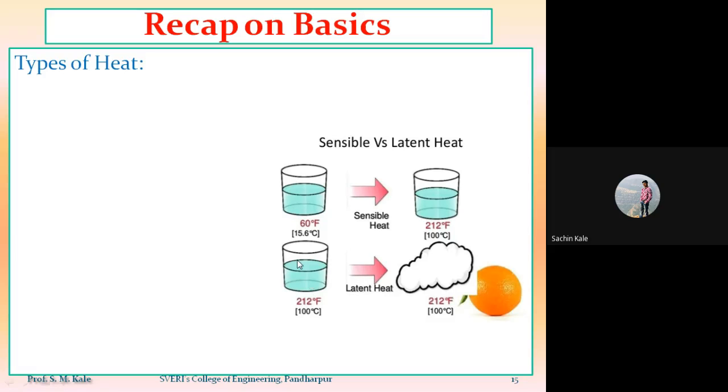If you heat this same water again, after some time you will observe that there is a conversion of liquid into vapor, but the temperature of that liquid as well as that vapor remains the same. The initial temperature of water is 100 degrees centigrade. Though you are supplying heat to that water, the temperature of that water does not change.